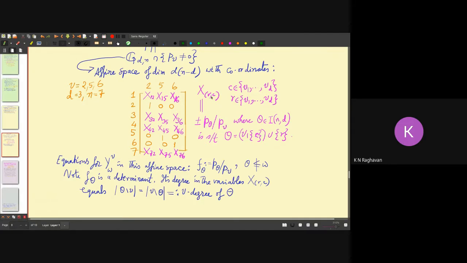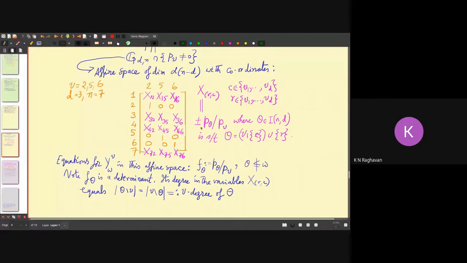So these elements x_RC, I can think of them as P theta by PV, where theta is an element of I(d,n) which differs from V by just one element. For example, here I took 1, 5, 6, which differs from 2, 5, 6 by just one element. Each time theta differs from V by a single element, I get one of these coordinates.